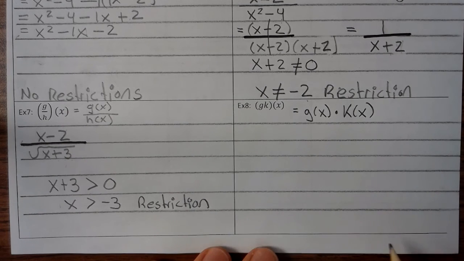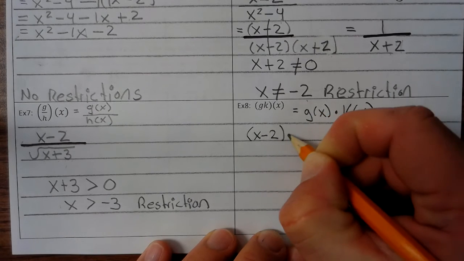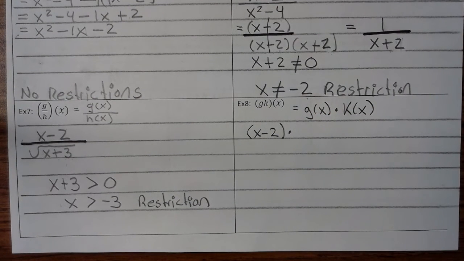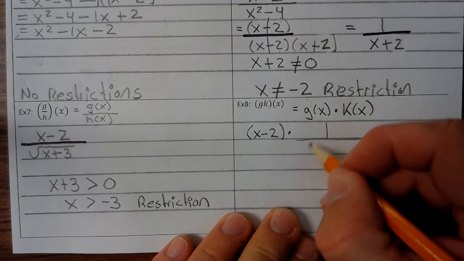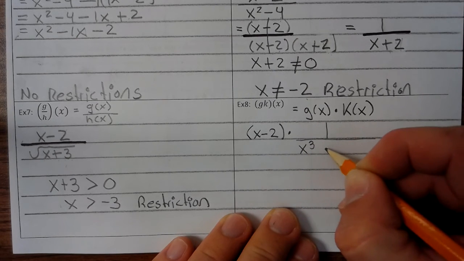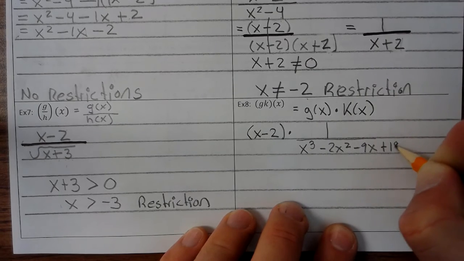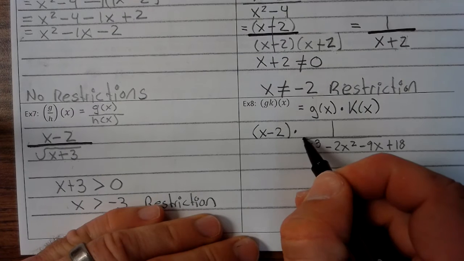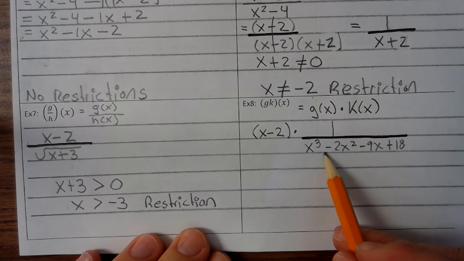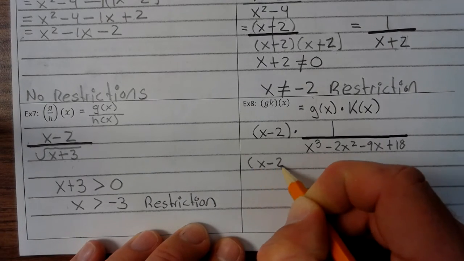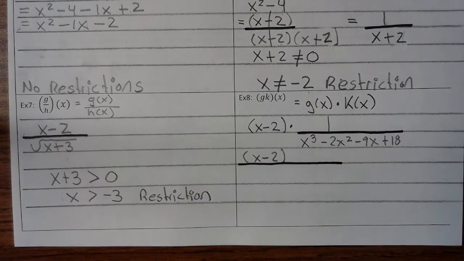Okay, so g of x is x minus 2 times k of x, which is 1 divided by x cubed minus 2x squared minus 9x plus 18. So basically we need to factor the denominator. So we're left with x minus 2 in the numerator divided by, now we need to factor the denominator.